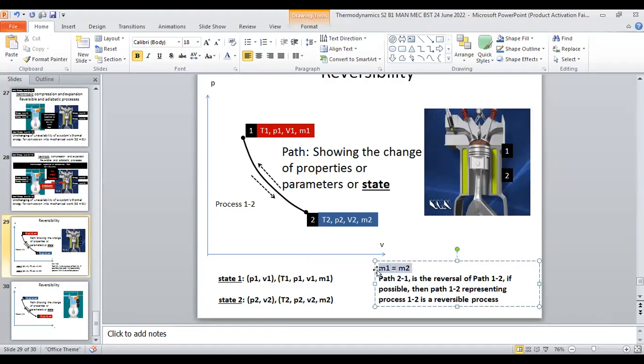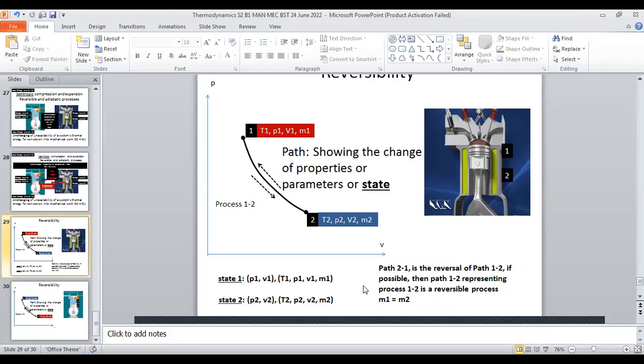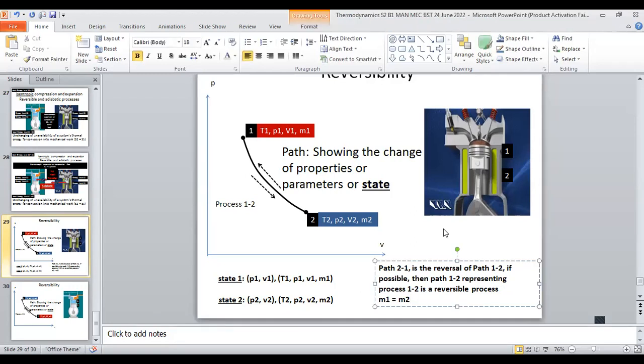And there, for such processes, it is very important for M1 being M2. Okay, it's a practical point I just put here. But defining a reversible process, you need not mention M1 as M2.